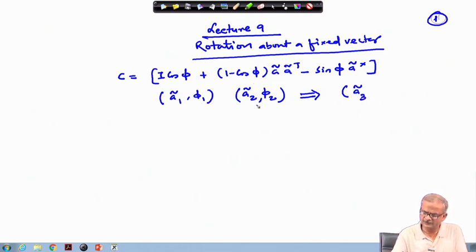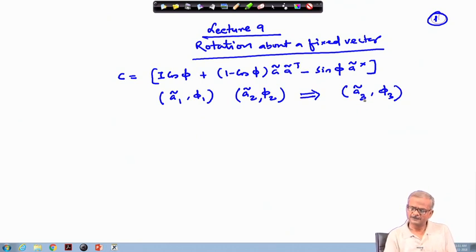All these A 1, A 2 are unit vectors, and this is a rotation by phi 3 angle. So these two rotations phi 1 and phi 2 about A 1 and A 2 respectively, combined together, are equivalent to a rotation about A tilde 3 by angle phi 3, and we have obtained some expression for this.